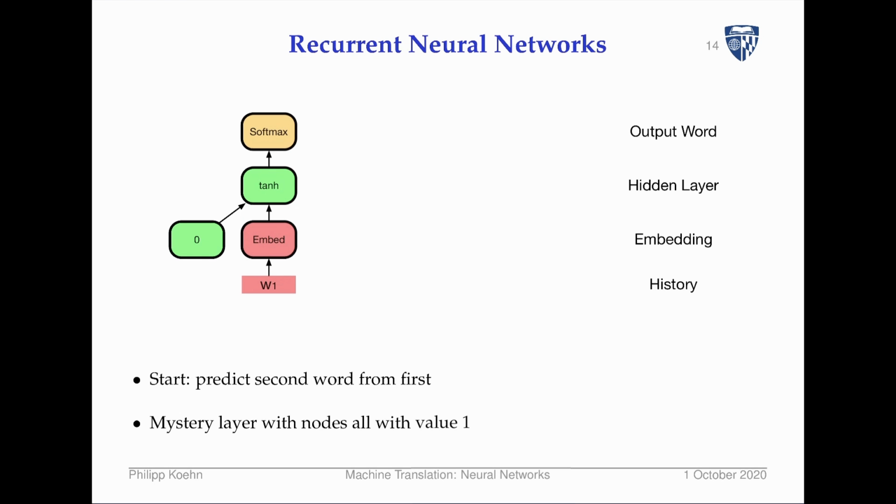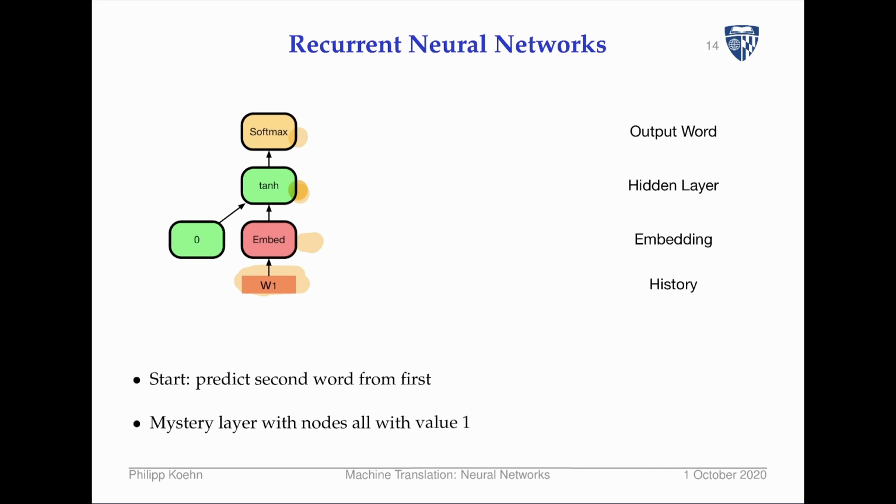So we still predict one word at a time. However, we create a process that takes a prior word into account, maps it into an embedding, and then has the same kind of hidden layer with tanh and softmax to make predictions.